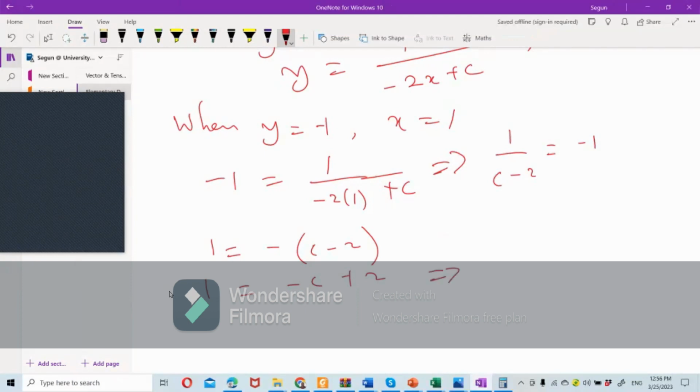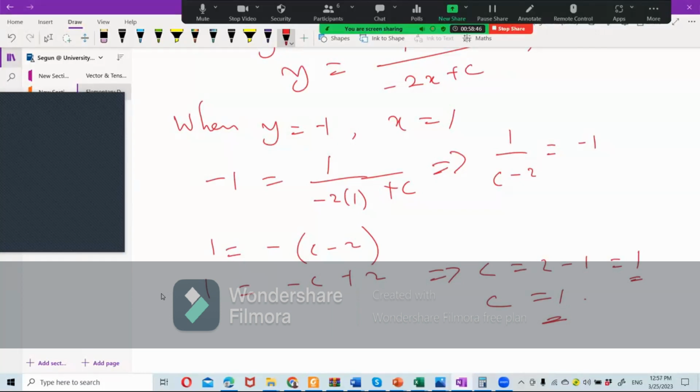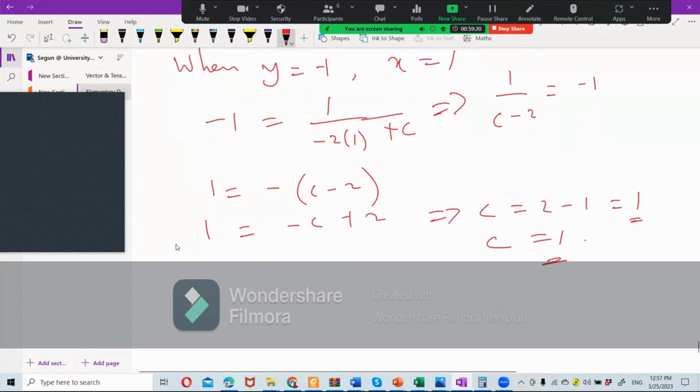Which implies that c is equals to 2 minus 1, which is equals to 1. Our c is equals to 1. Do you agree? Yes, sir. Yes, c is equals to 1.